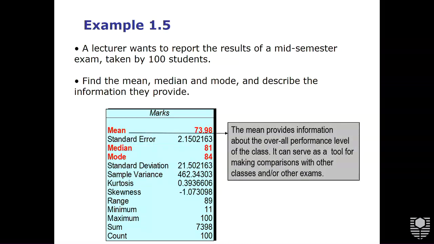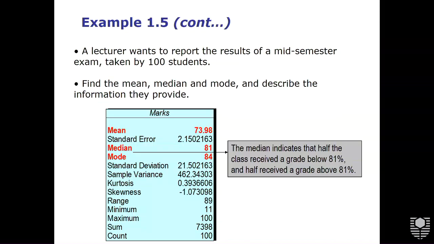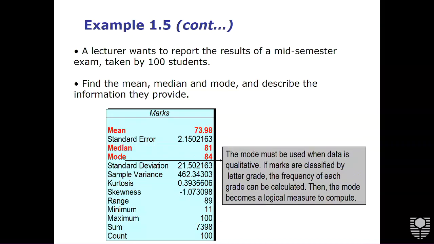I provide information about the overall performance of the students. It can serve as a tool for marking comparison. And the median, as I said to you, indicates that half of the class received grade 81, and half of them less than 81, above and below. The mode, they said that the most frequent grade can be calculated to be 84.